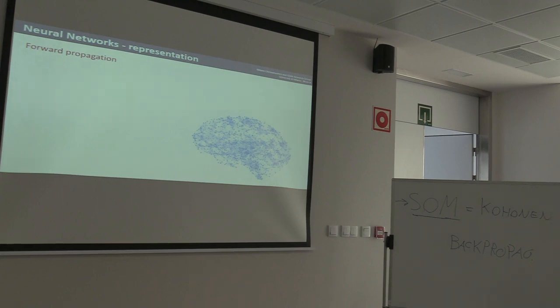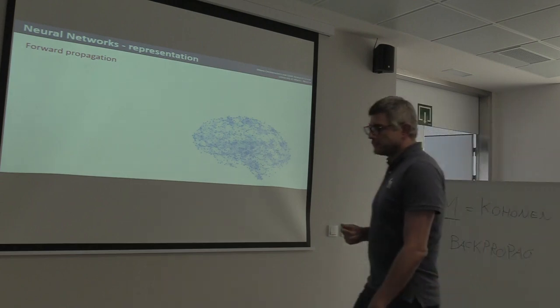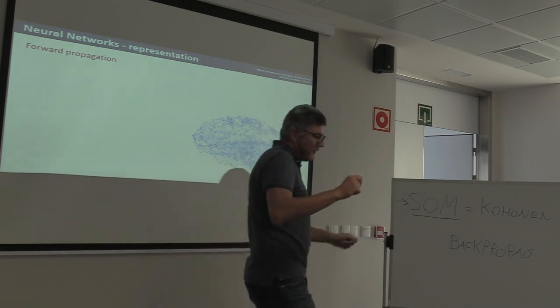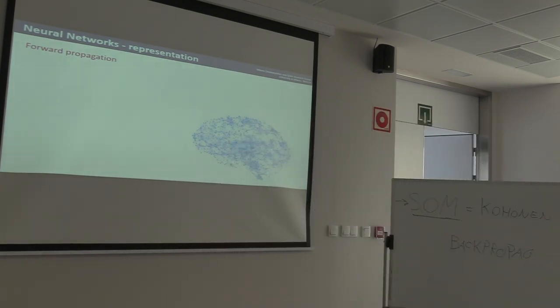I said to you that of course we need some data as an input. So as usual, you have your data matrix with samples and variables. And these samples are then given to the network to learn. This process is divided in two phases. First, we have what is called forward propagation.